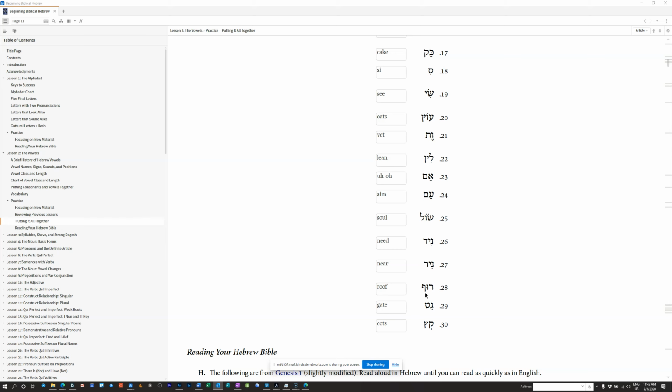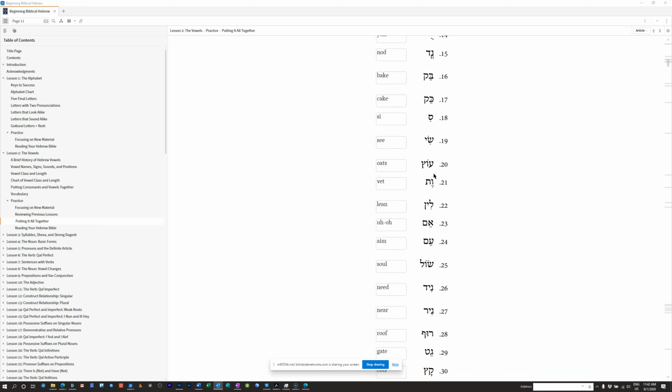All right, so when you have a pe with a final form, the pronunciation does not depend on whether the form is final or not. The pronunciation really comes down to the dagesh. So if it doesn't have a dagesh, it's going to be the F sound. If it does have it, it's going to be the P sound.